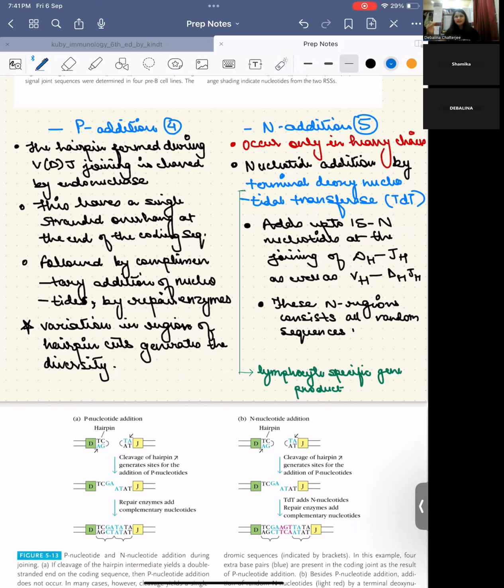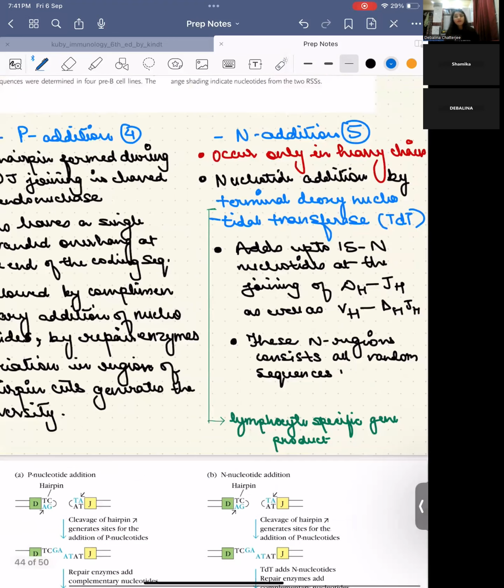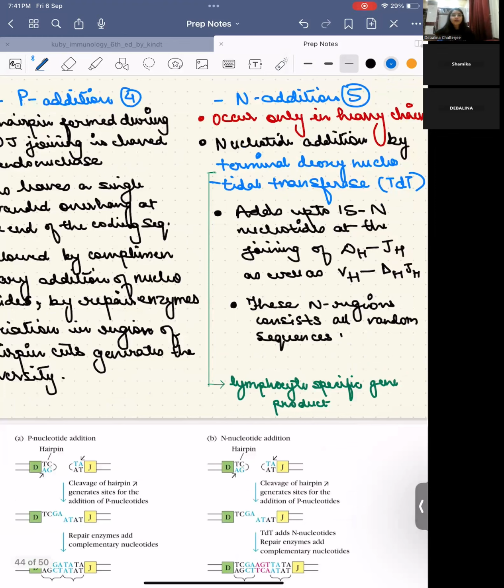But the overhang that is ultimately generated can have different nucleotide combinations coming up. So the idea is that it is so random that you never know what comes up. And because you never know what comes up, the diversity is increasing multiple folds.